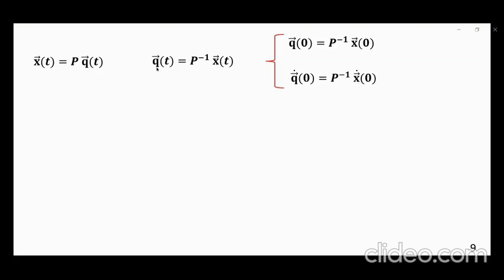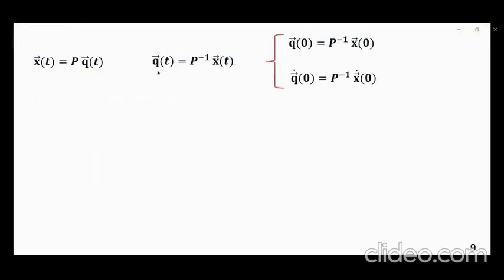Now, since I'm solving the equation in terms of q's, I need q at 0 and q dot at 0, but that's very simple because it all comes from this transformation. In other words, if you write this as q equal to P inverse x, and you plug in t equal to 0 on both sides, you're going to get q of 0. And if you differentiate this and plug in t equal to 0, you get this.